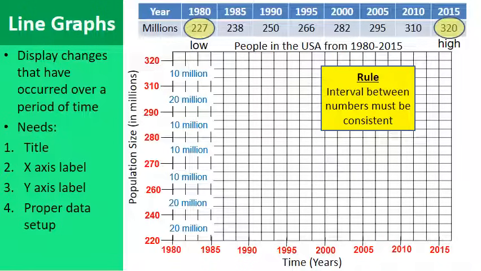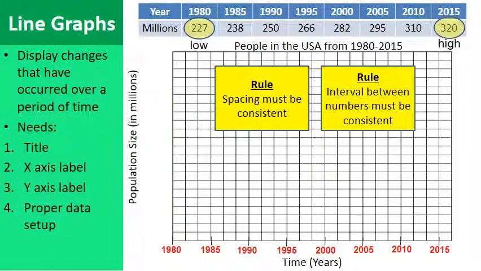If we were to do this, it would distort the shape of our final graph. So how about something like this? Everything looks pretty good. I've used intervals of 20 million all the way up, and everything looks fine. Notice how we started around 220 and proceeded upward.